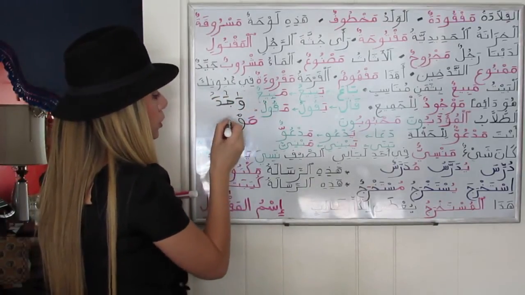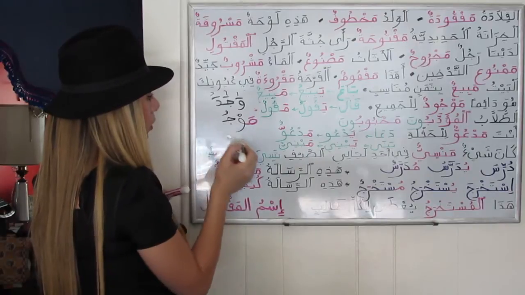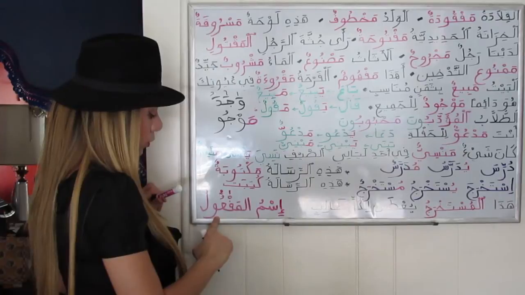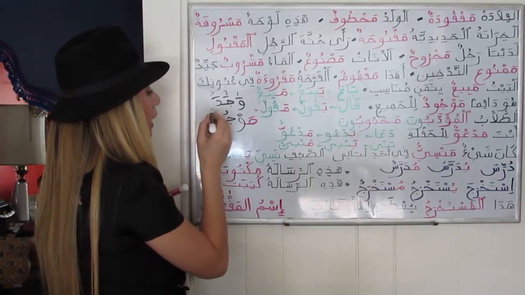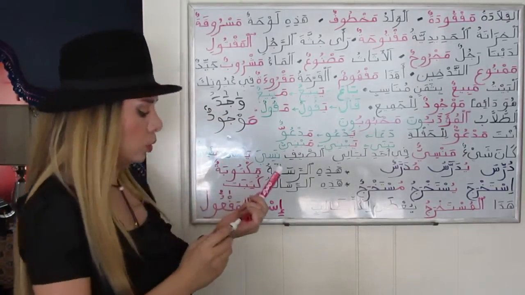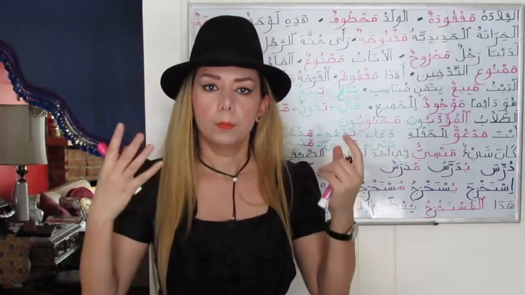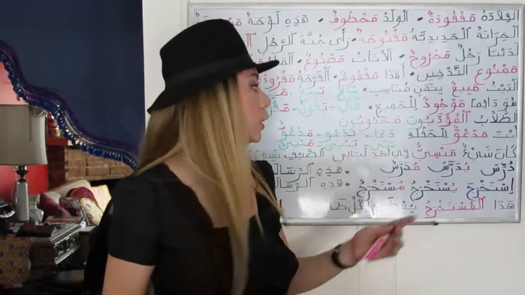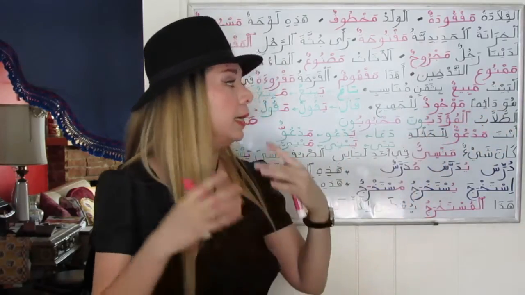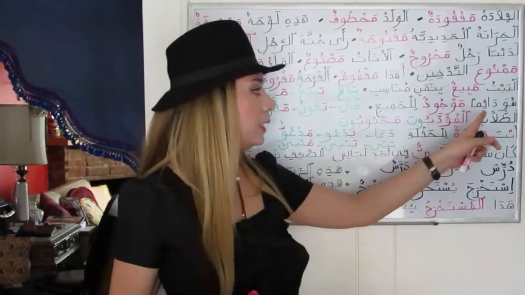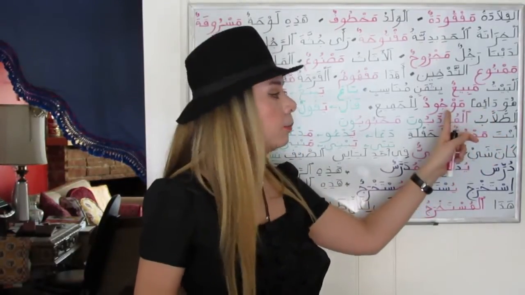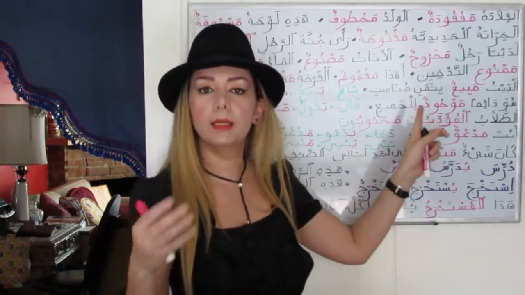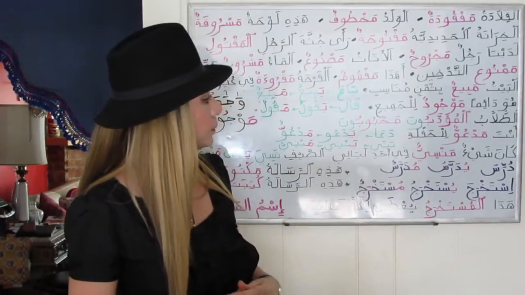Wow with sukun, jim with dhamma. Alright, and you add the wow that matches the dhamma, it's part of the pattern. And dal. موجود means present or available or something that is existing. So هو دائما موجود للجميع. He is always, دائما, always موجود. He is always available to everybody. للجميع. Okay?